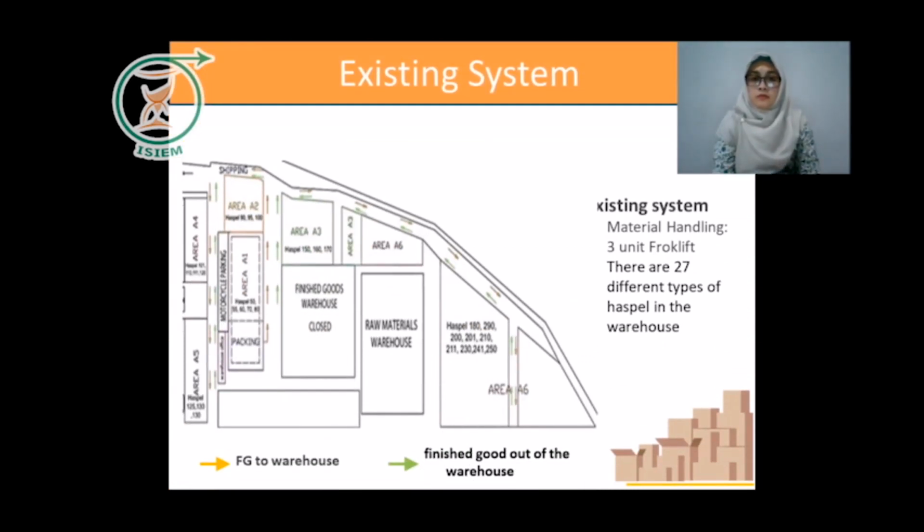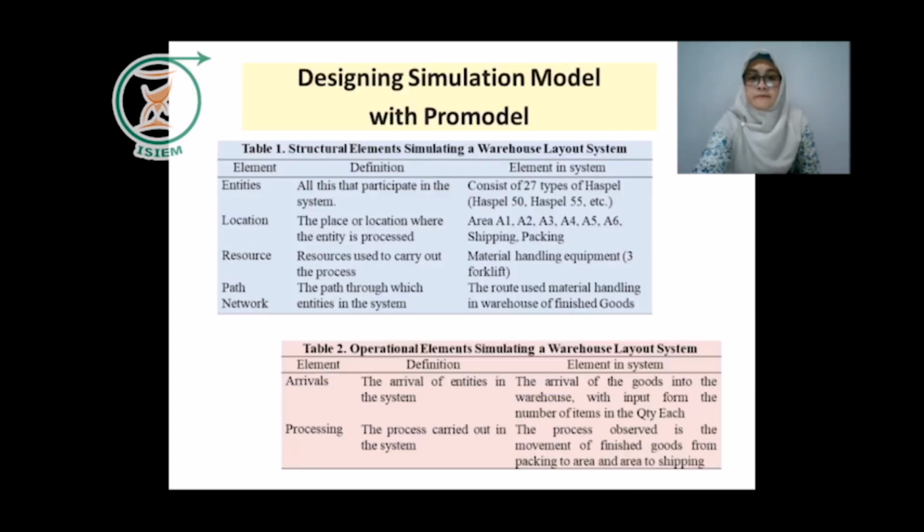Analysis of the existing system: the material handling used in the warehouse uses 3 units of forklift, and there are 27 different types of haspa in the warehouse.